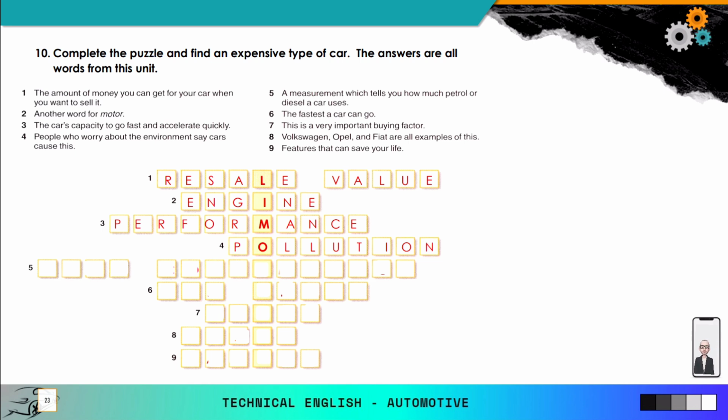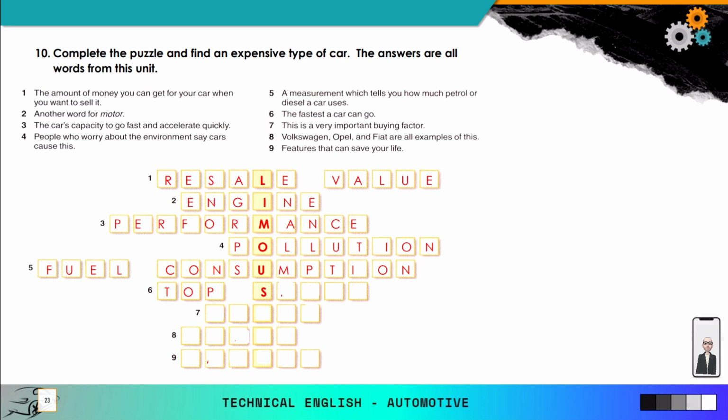Number five, a measurement which tells you how much petrol or diesel a car uses. This could be miles per gallon or liters per 100 kilometers, or how many kilometers per 1 liter. Fuel economy or fuel consumption, fuel consumption.